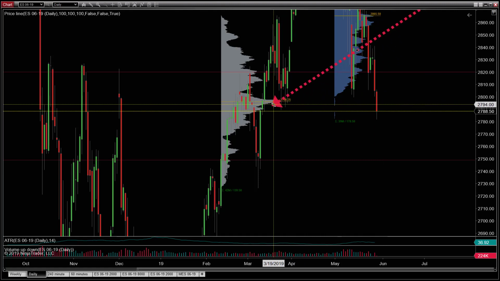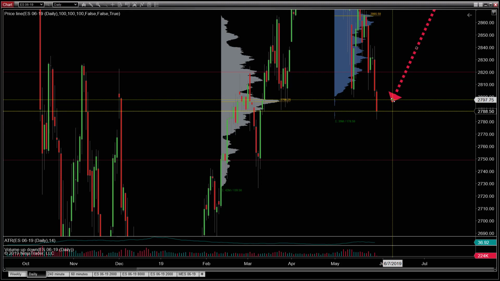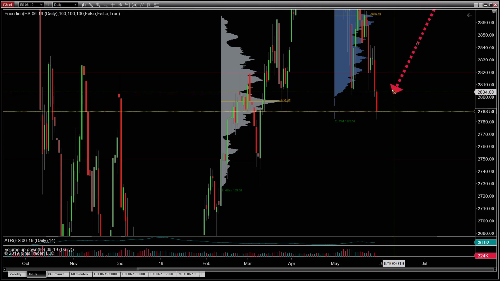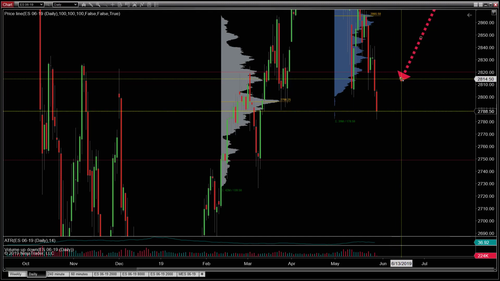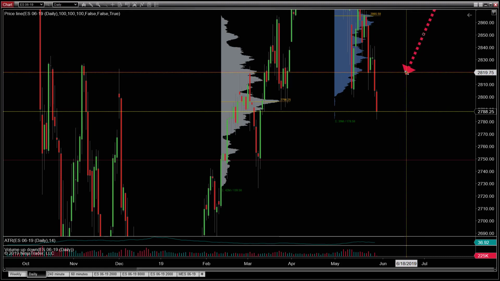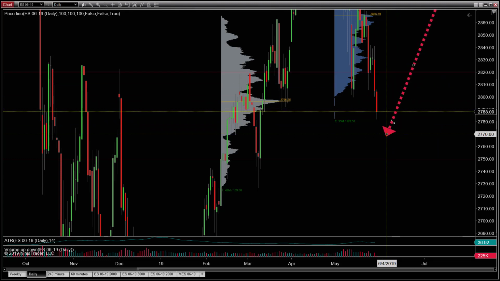Just realize that this may be somewhat of a grind to go through that area to get back up to what's looking like 2800. After that, you've got a volume node at 2813, and then a much bigger node here at 2819.